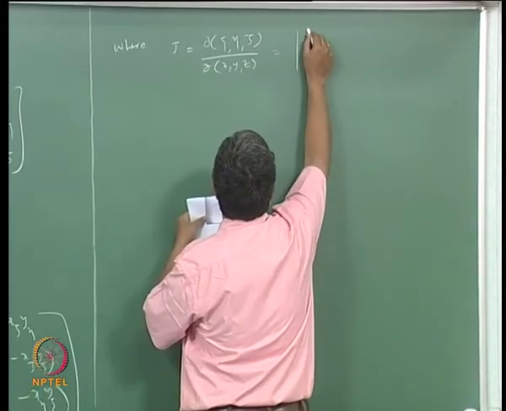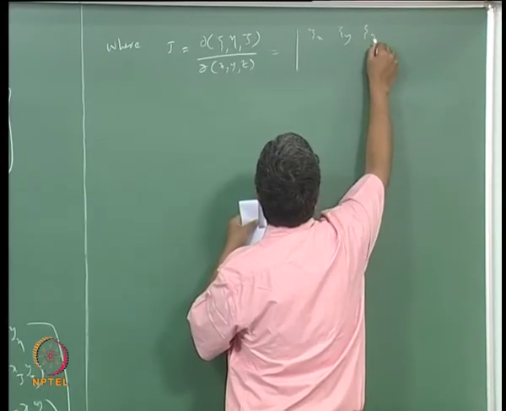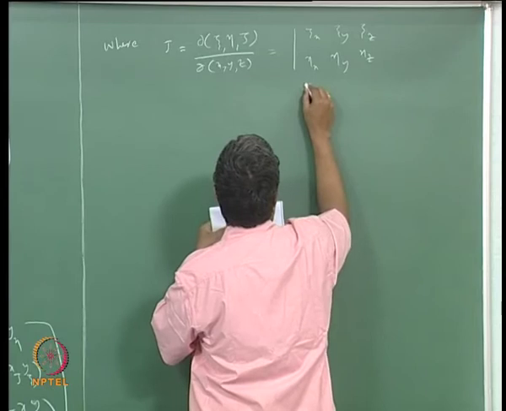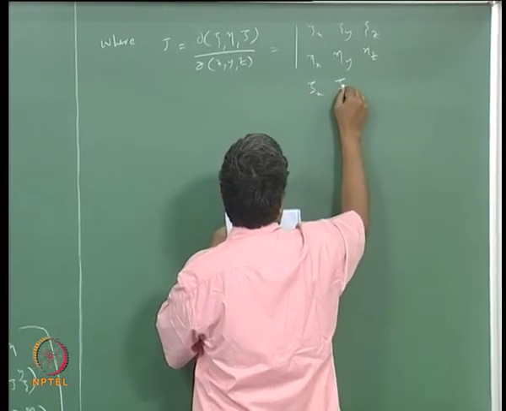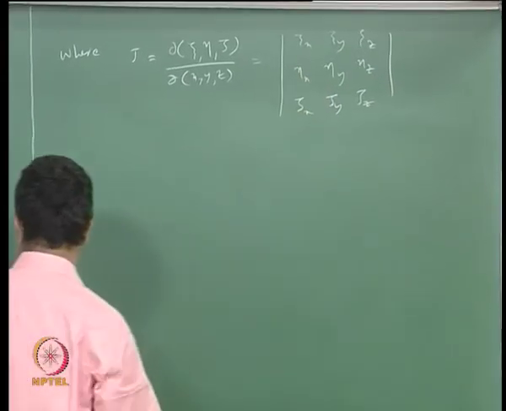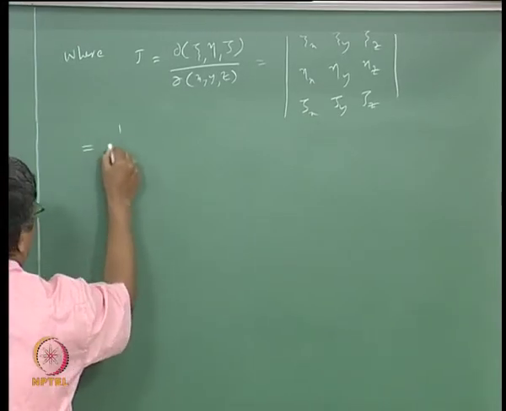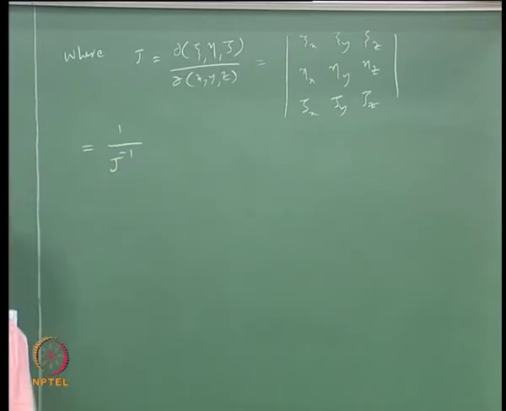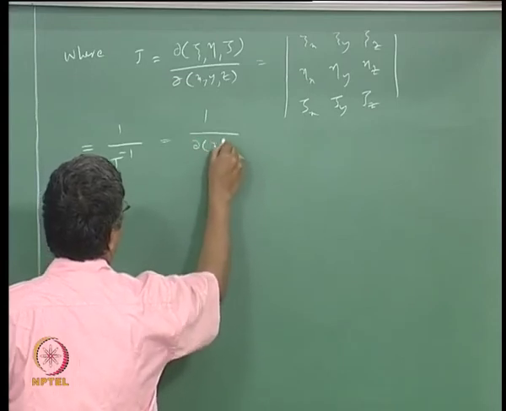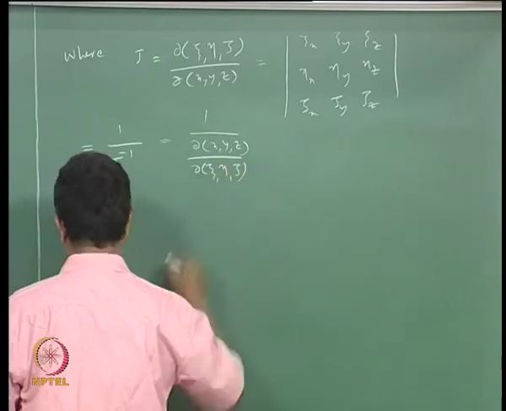This is the determinant of the matrix x psi, x eta, x zeta; y psi, y eta, y zeta; z psi, z eta, z zeta. And this can also be written as 1 by J inverse, the inverse of the transformation. So this is 1 by del x y z by del psi eta zeta.